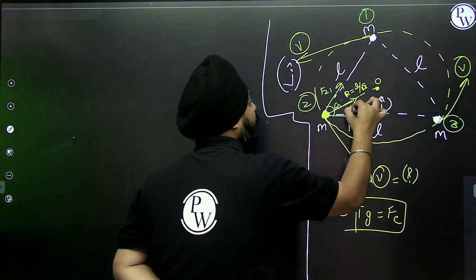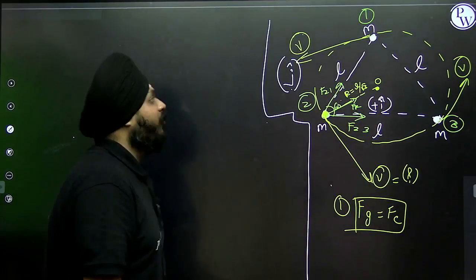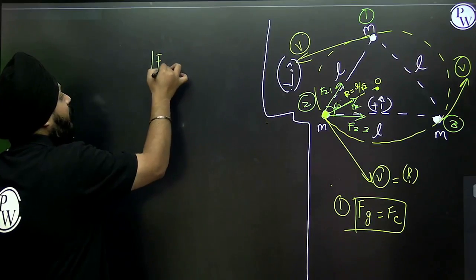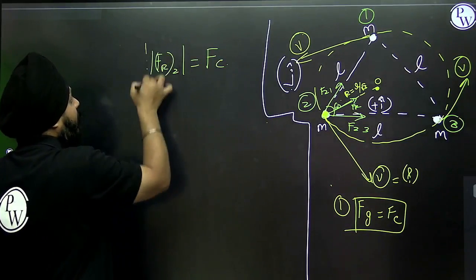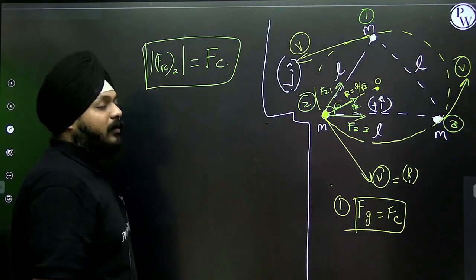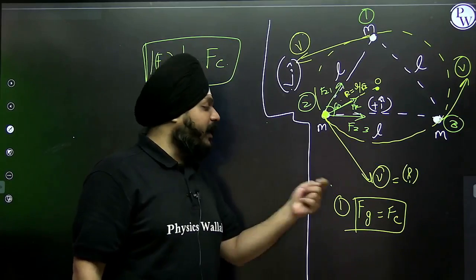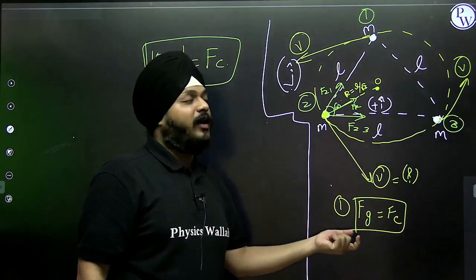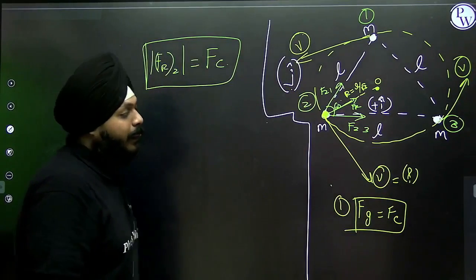The magnitude of the resultant force acting on 2 will provide the necessary centripetal force. I already told you the difference: if it is 2 particles, then it is a mutual force of attraction; if it is a more than 2 particle system, then we have the resultant force.